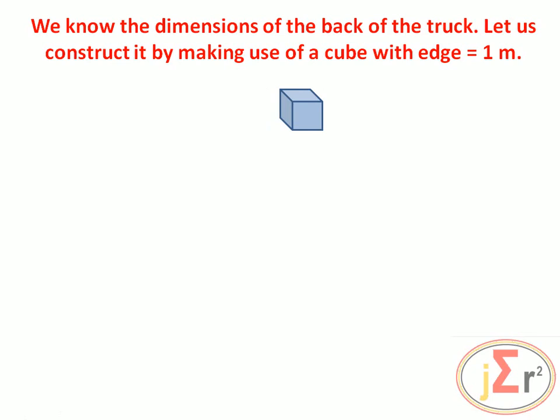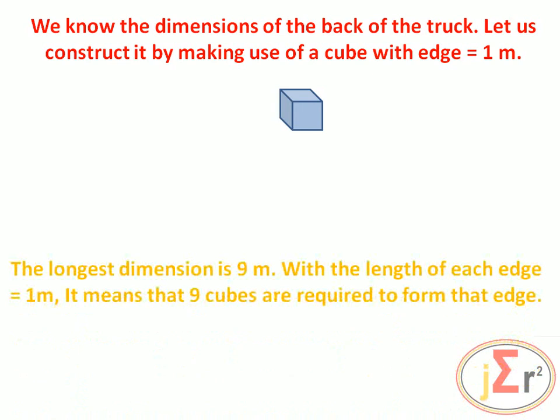Of course, a cube of edge 1 meter means that the length is 1 meter, the width is 1 meter, and the height is also 1 meter. The longest dimension is 9 meters. With the length of each edge equal to 1 meter, it means that 9 cubes are required to form that edge. So the first dimension is 9 meters.